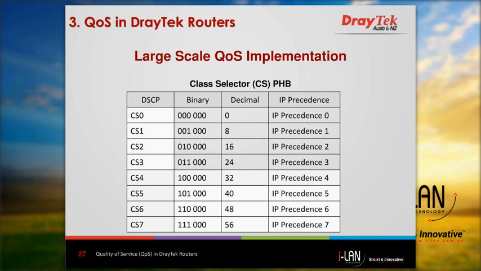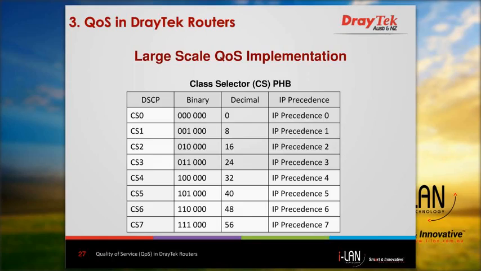So prior to DiffServ, IPv4 networks could use the precedence field, which is in the type of service field, a byte in the IPv4 header to mark traffic priority. And the first 3 bits are the precedence bits, which are mapped to a DiffServ class.